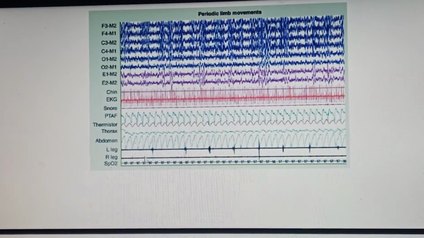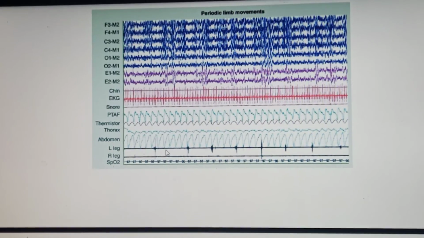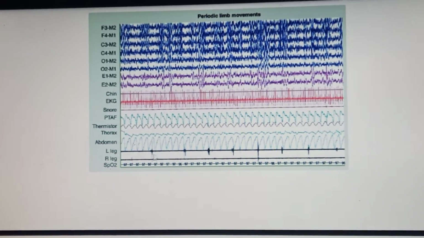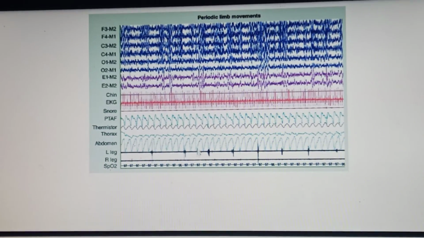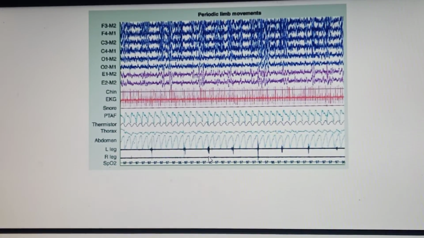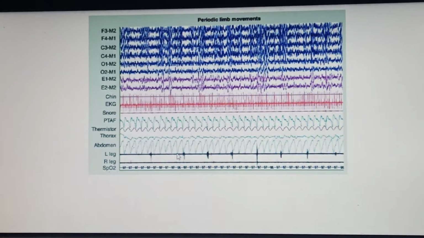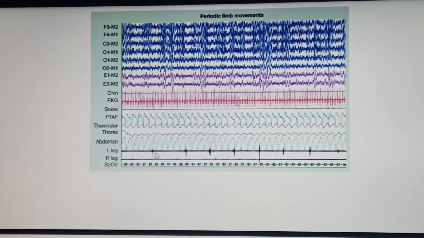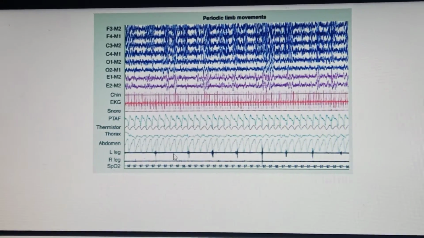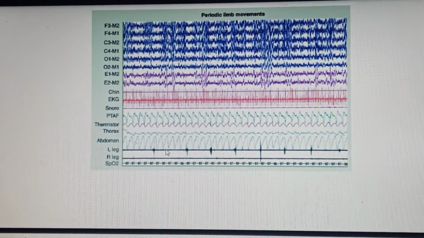So the duration is 0.5 to 10 seconds, and the interval between two leg movements should be more than 0.5 second. For example, if this is a leg movement here, you cannot score another leg movement within 0.5 second.